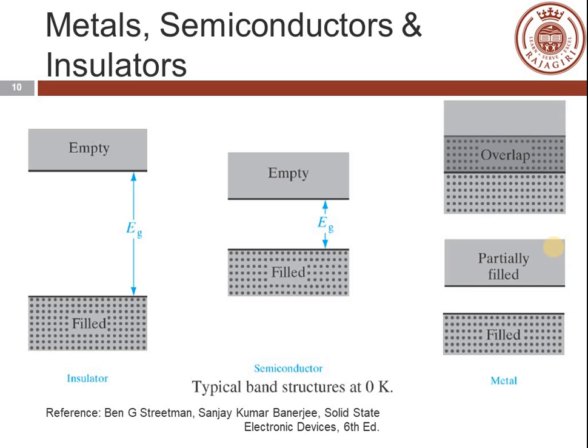Because in the first case, the conduction band and valence band overlap, so there is a possibility of electron movement from valence band to conduction band. And in the second case, the band is not empty, it is partially filled, so there are some electrons to move. Also, if your conduction band or valence band is fully filled, conduction is not possible. You need some empty space also, then only conduction is possible.